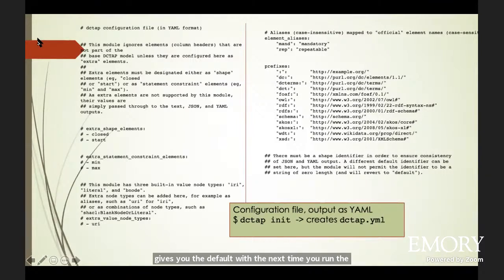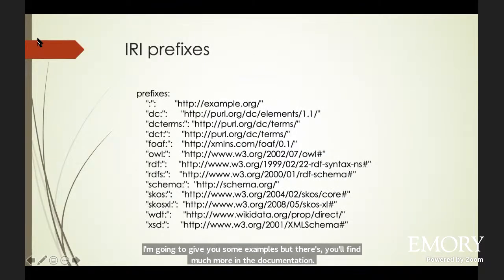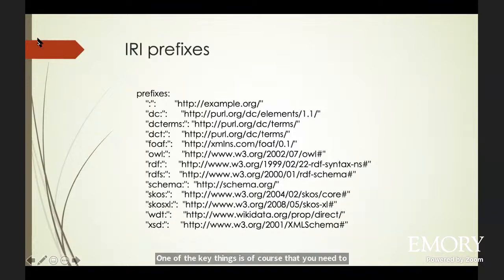So this is where you can make changes. I'm going to give you some examples, but you'll find much more in the documentation. One of the key things is, of course, that you need to define your IRI prefixes. Some are built in, others may be added to this built-in group, but essentially you can just add in your own.